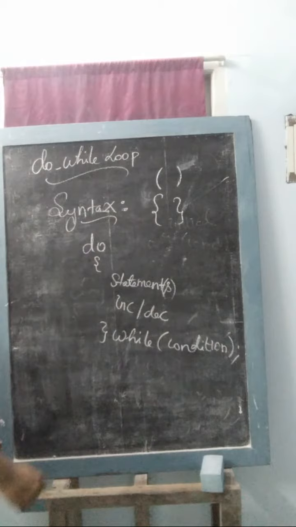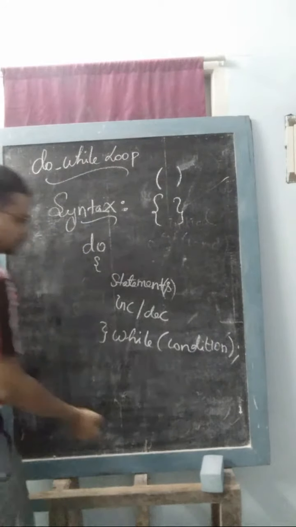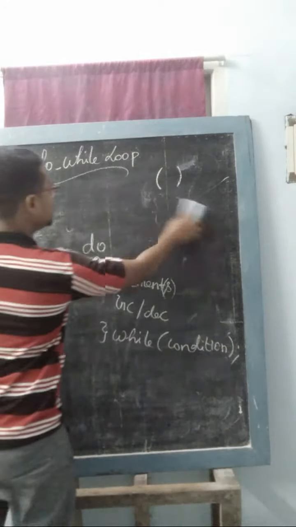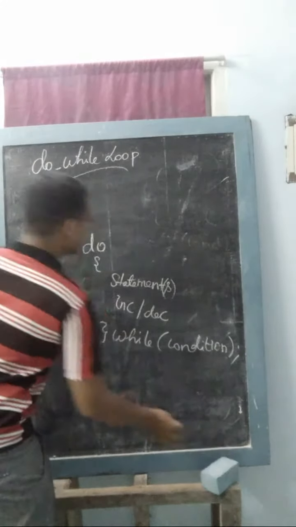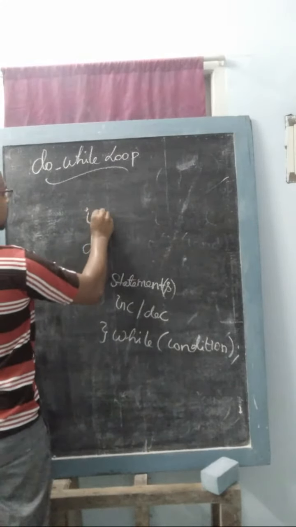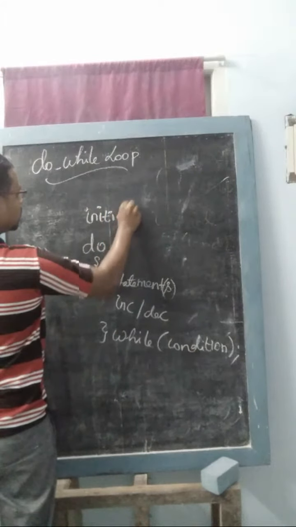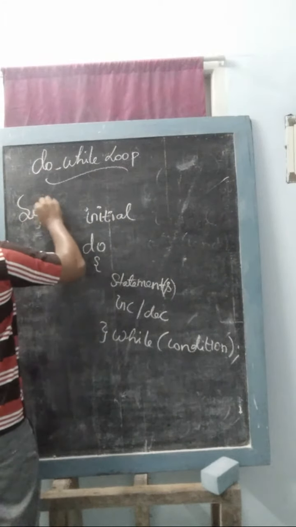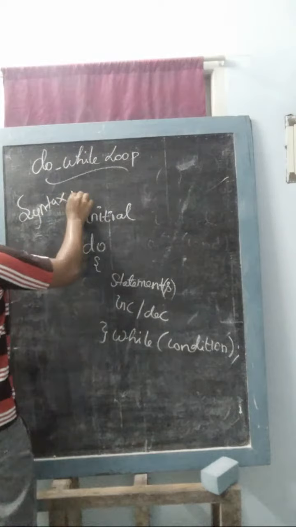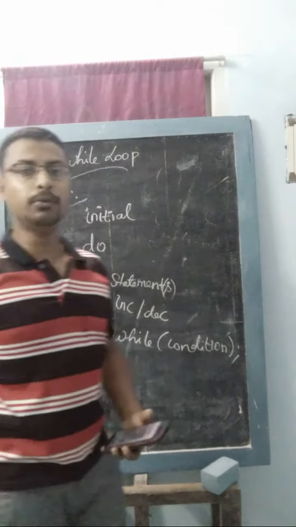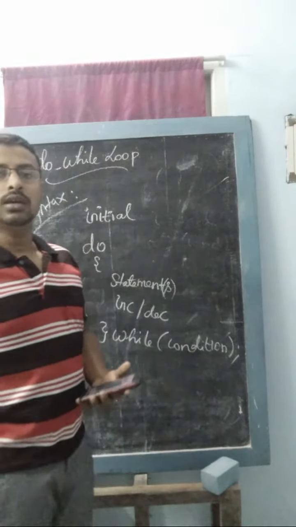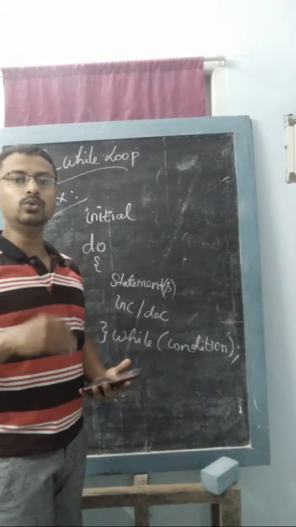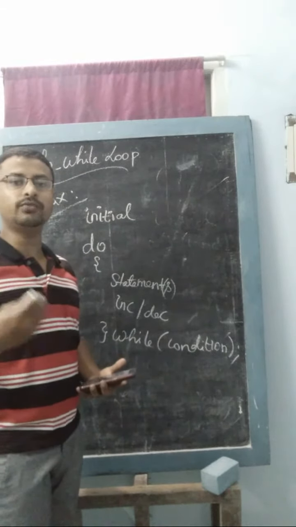Before do, we write the initialization, at the beginning itself. So this is the syntax of do while. Based on this we are going to write a program, and based on the execution, we will see how the do while loop is different from other loops.